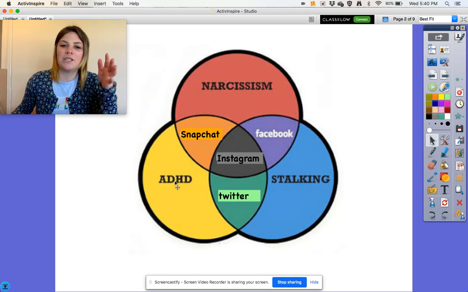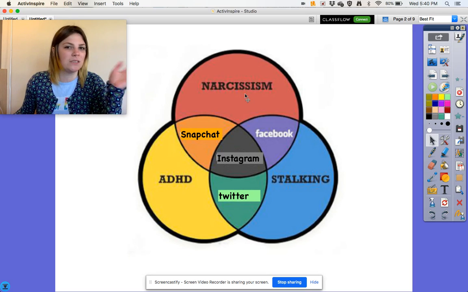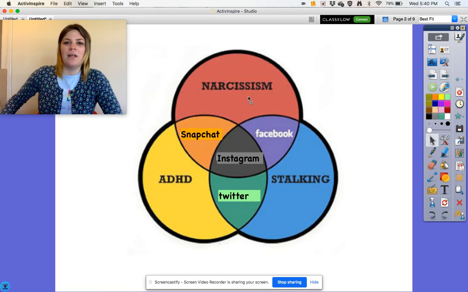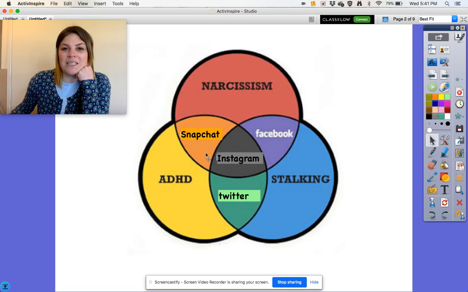And then ADHD, I know ADHD is not a joke, it's a real condition, but more like having a short span of attention, which we all do this day and age, right? We're all social media people. So trying to name the social media platforms that would be best suited to these different personality traits.